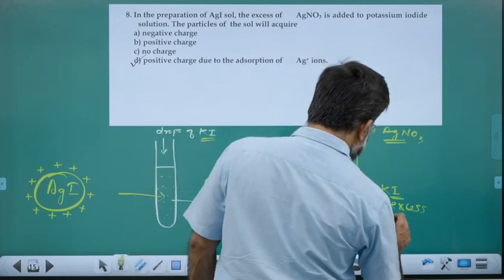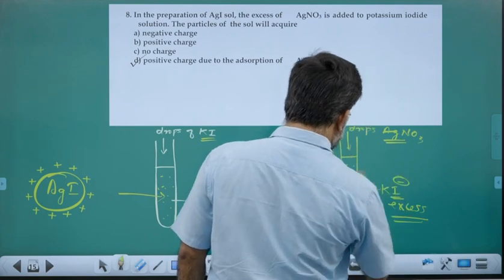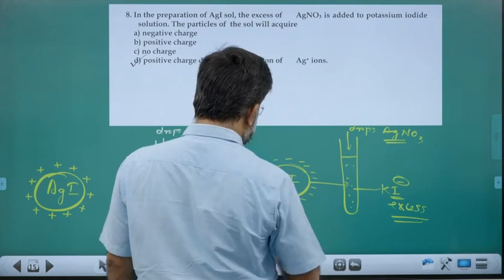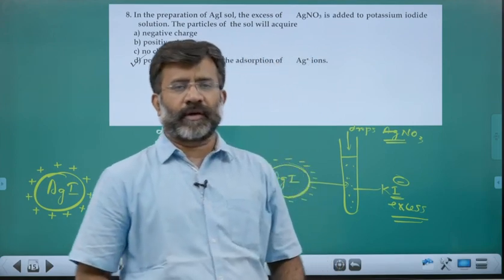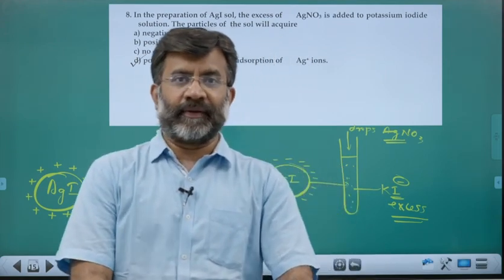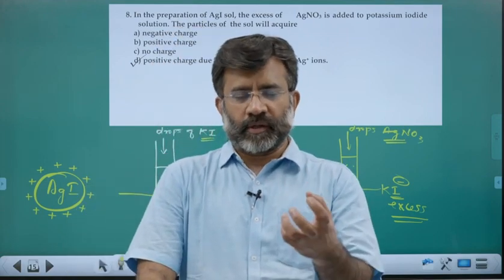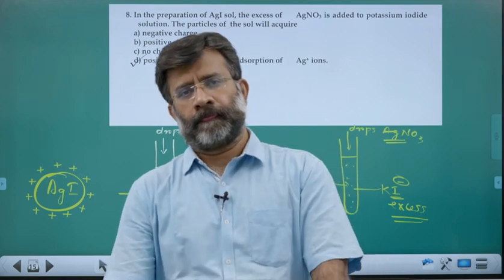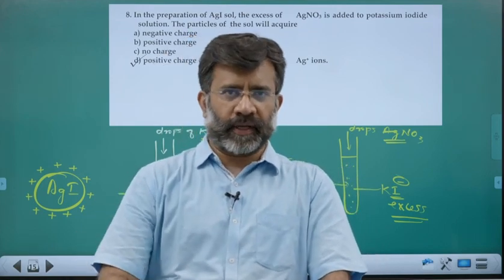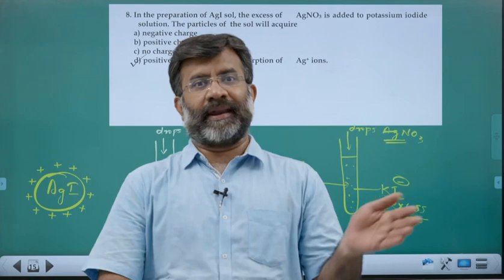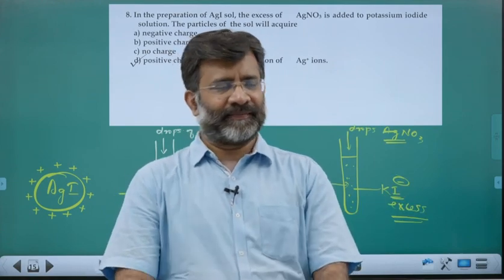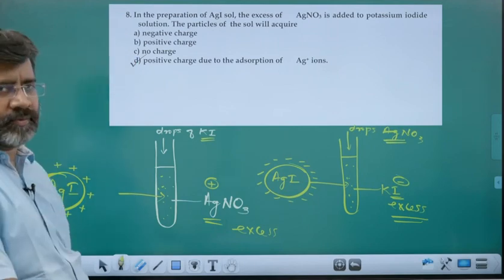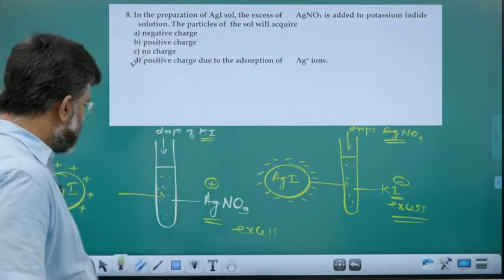But here, I minus is in excess, so the common ion I minus will be adhering to the surface. And hence, the colloidal system turns negatively charged. So, according to which component is available in excess, either the sol turns positively charged or negatively charged. Is it clear? Option B is correct. More correct is option D. Next.